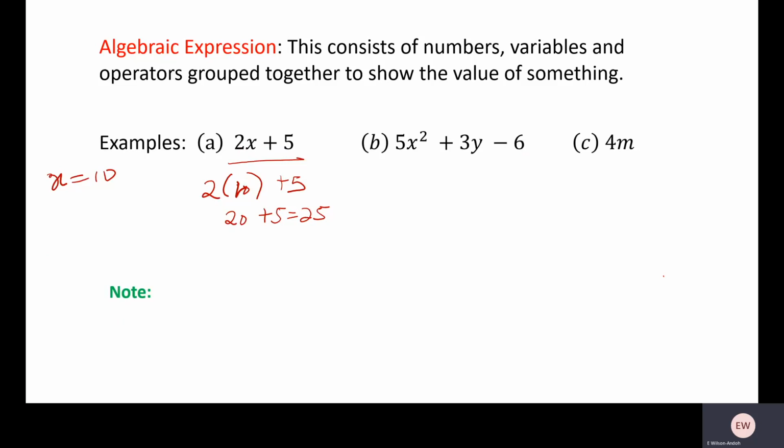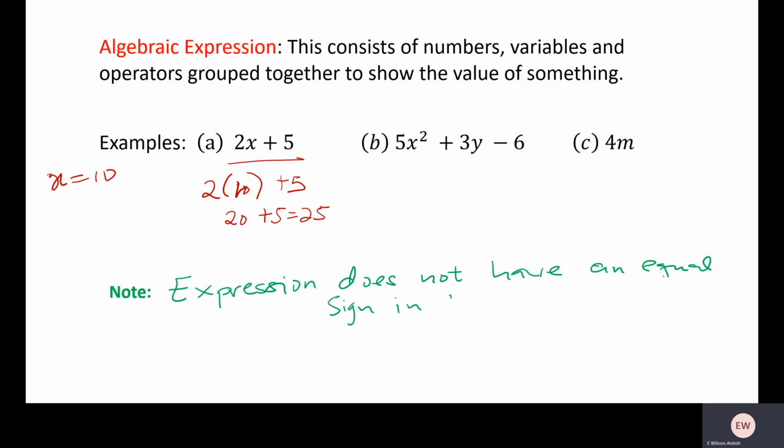And the difference is that with an expression, we do not have an equal sign. So any expression doesn't have an equal sign in it.